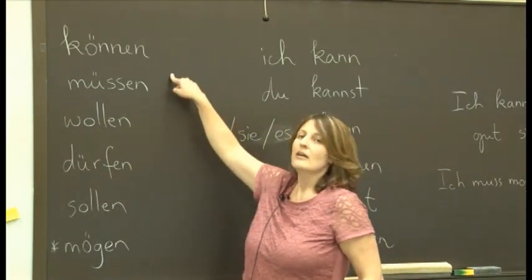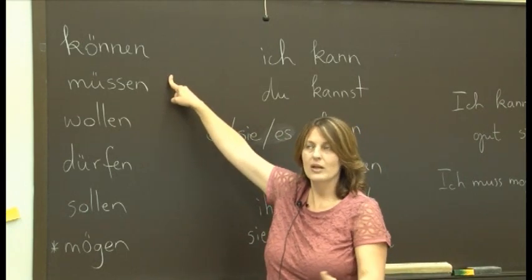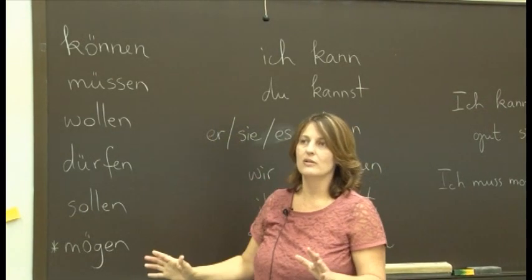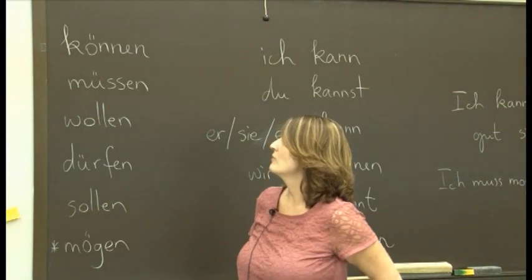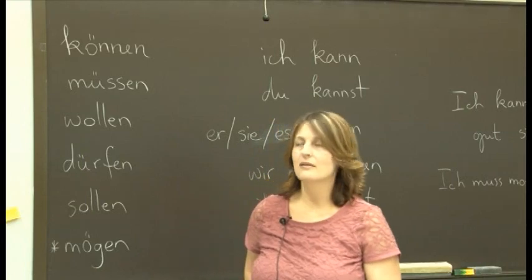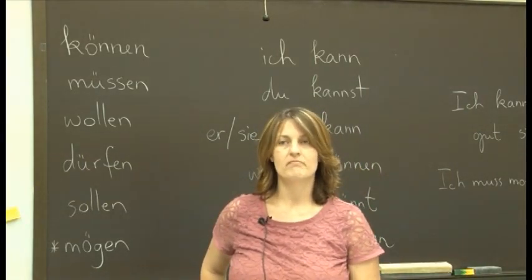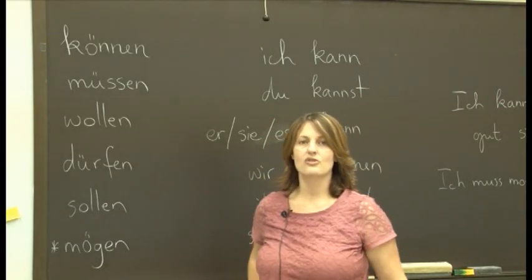So, können is, of course, be able to, can, be able to. In German, we only have one können. There's not two different ones. Ich kann, zum Beispiel, ich kann Deutsch sprechen, ich kann Englisch sprechen, ich kann Italienisch sprechen, ich kann 3 Sprachen sprechen.